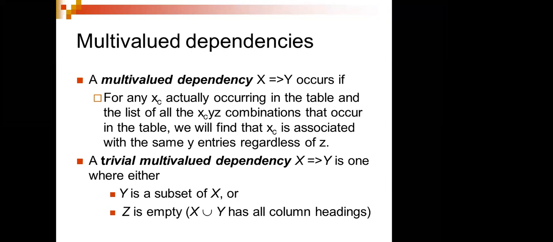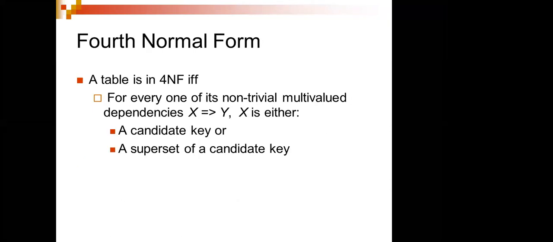After going through Boyce-Codd normal form, the final stage is the fourth normal form. Remember, there is first normal form, second normal form, Boyce-Codd normal form, and then we have the fourth normal form.